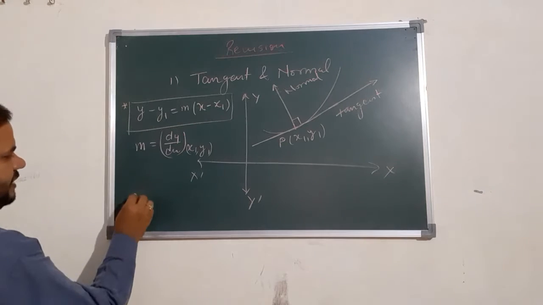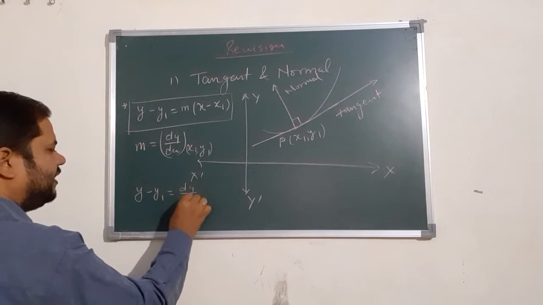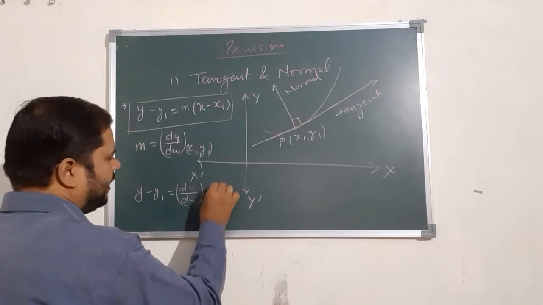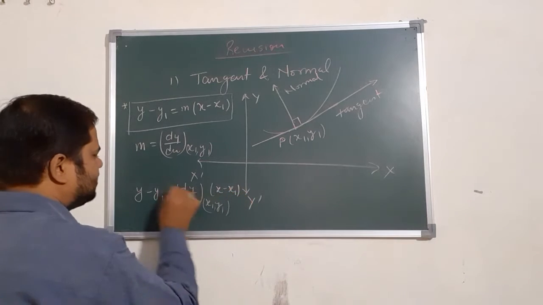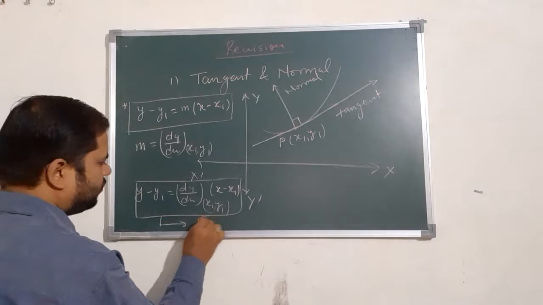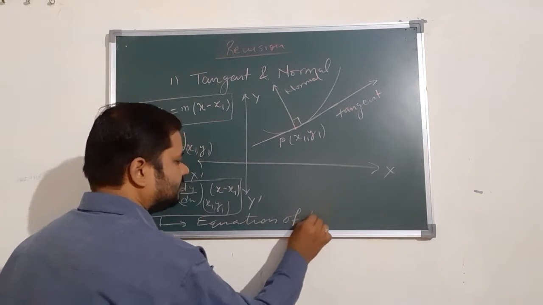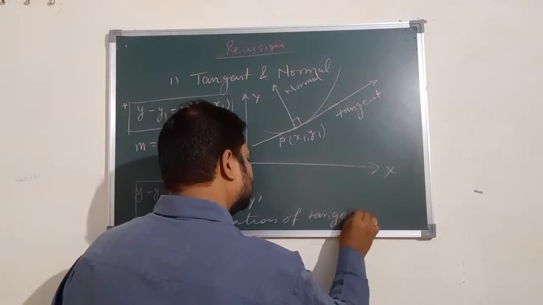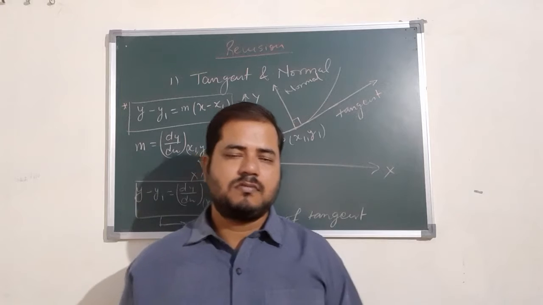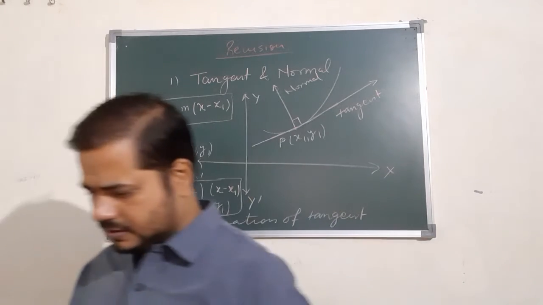So the equation of tangent is y minus y1 equals dy by dx at (x1, y1) times (x minus x1). Those who have not written this particular topic, you have to write it.